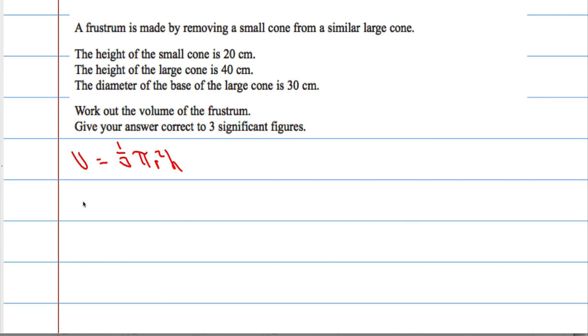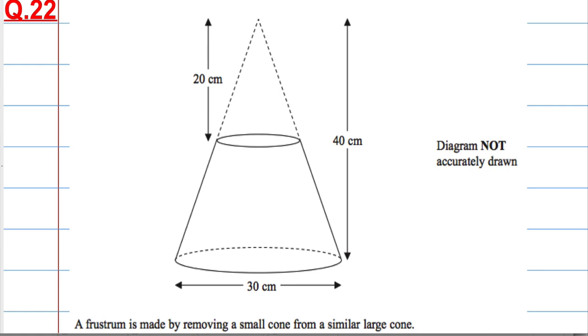So the volume of the large cone, I'll do a little L for large cone, will equal 1/3 times pi times, well, the diameter of the large cone is 30. That means its radius is 15. So times 15 squared times its height. Its height is 40.